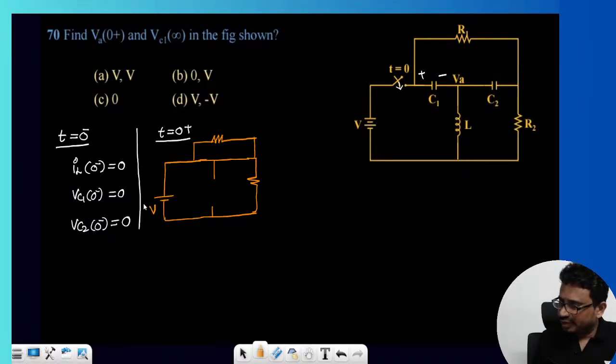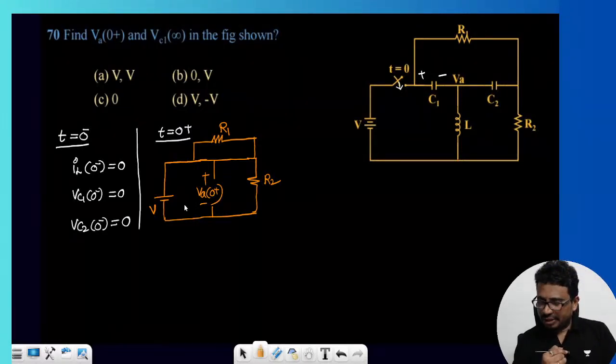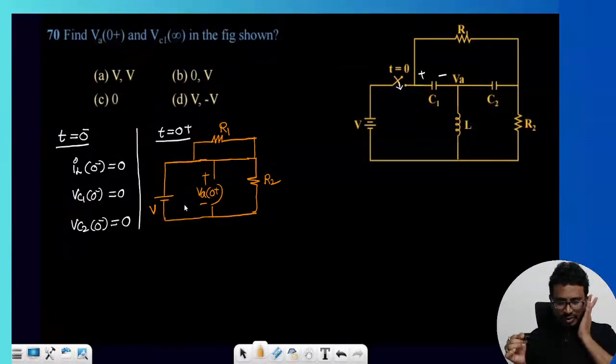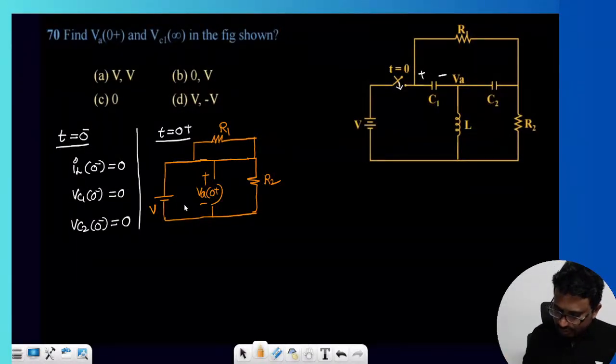Now this is V, this is R2 and this is R1, and this voltage I call V of 0 plus. Tell me how much this value is. There is a short path, so there is no flow of current through this resistance.